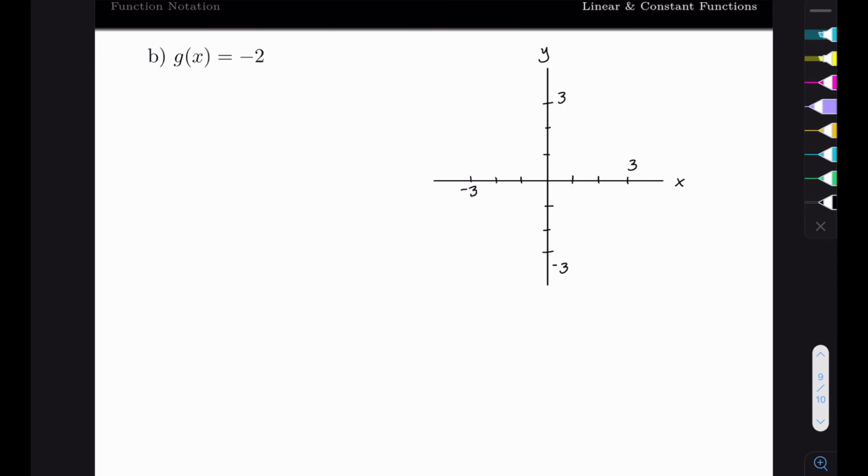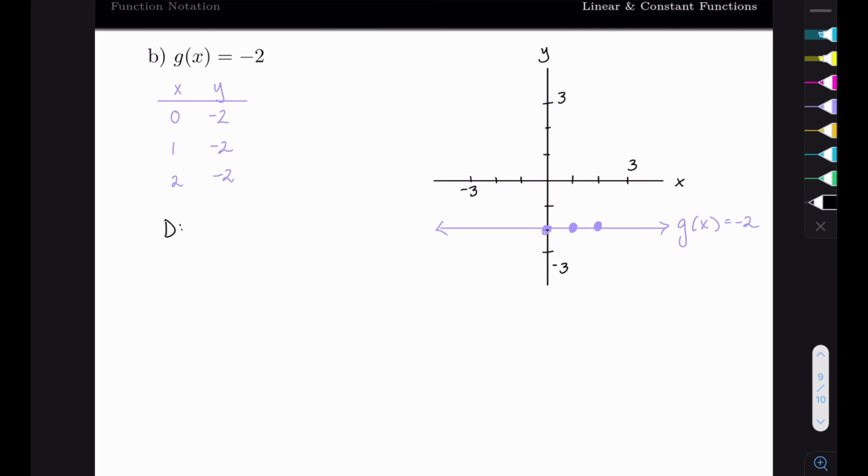If you want to make a table of x and y values, when you input 0, your y value is negative 2. When you input 1, your y value is negative 2. When you input 2, same thing. No matter what you input, the y value is always going to be negative 2. So we just have a horizontal line. And this is the graph of g of x.